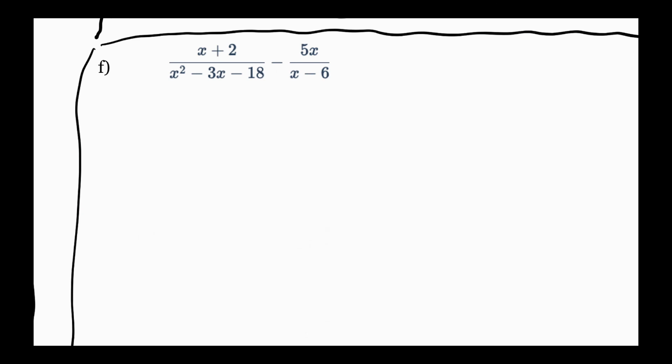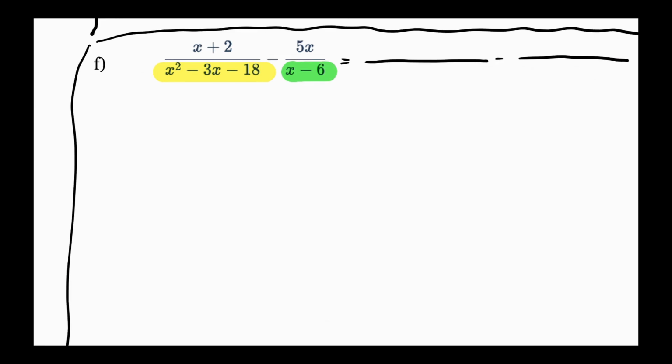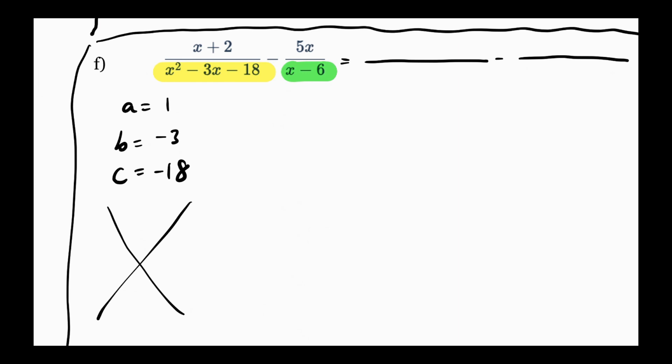Okay, so first thing, common denominator. So yellow is a trinomial with no GCF, so I got to do ABC for yellow. 1, -3, -18. -18 minus 3.